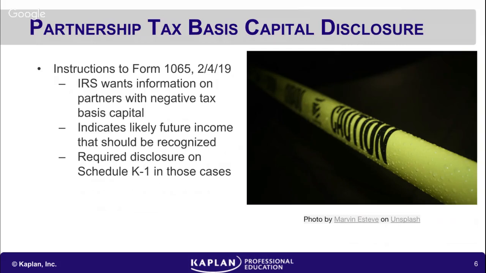That also means, for practical purposes, almost all partnerships are going to need to keep two sets of partners' capital. Assuming the partnership is going to claim that there is substantial economic effect to the allocations in the agreement, and use that to support their special allocations and keep the IRS from changing them, then we need to maintain the 704(b) capital accounts. And now, because of this disclosure, you also need to maintain tax basis capital accounts.